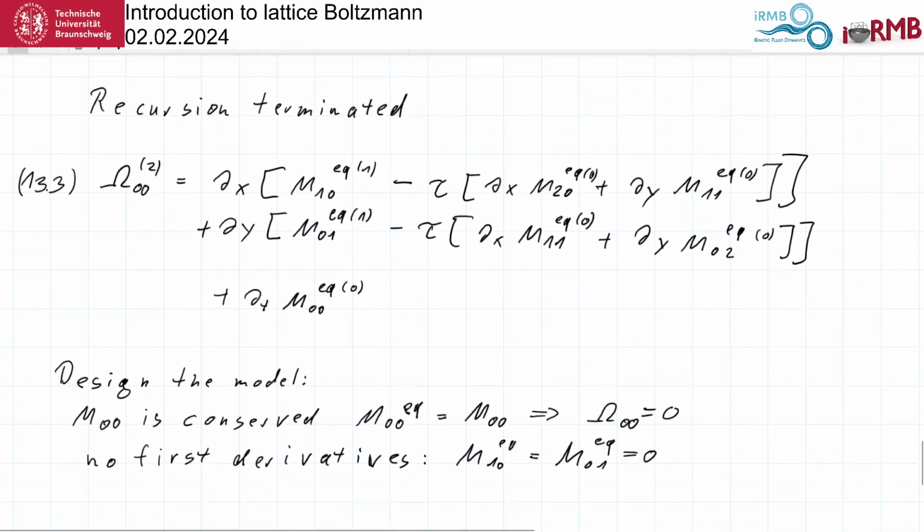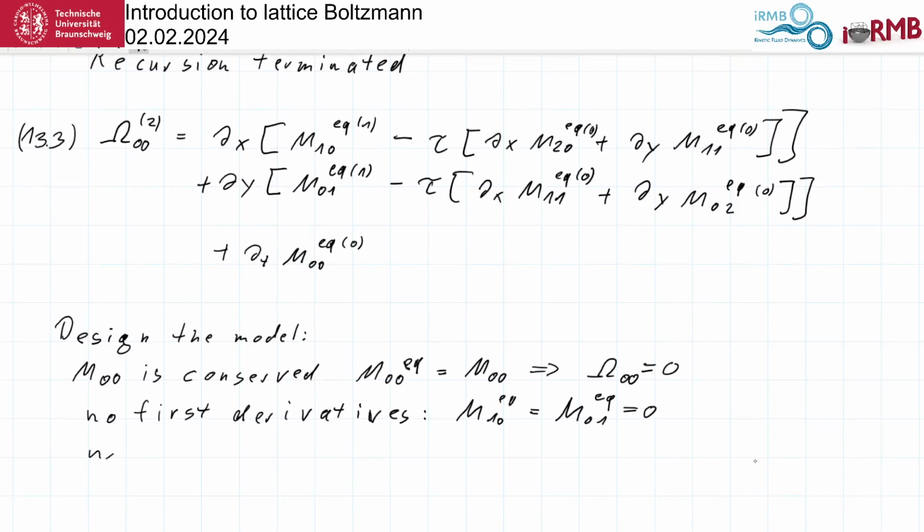And also there is no mixed derivative. We have a mixed derivative, dx dy on M11, and the same thing again, dx dy on M11, so this doesn't exist. So say that no mixed derivatives in our target equation. This means that M11 equilibrium is put to 0.